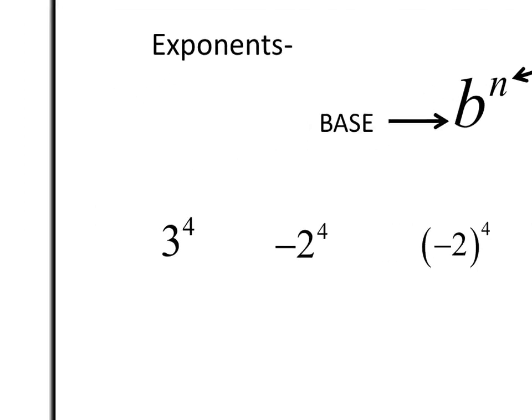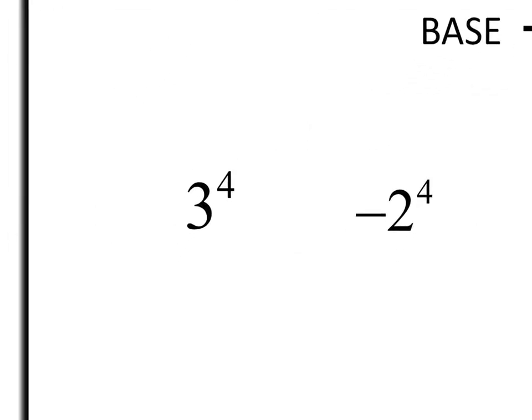Keep in mind that when you have an exponent, you take the base, which is the number here under the exponent, and you multiply that base this many times, which is 4 in this case. The exponent tells you how many times.